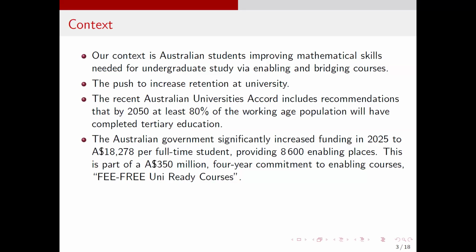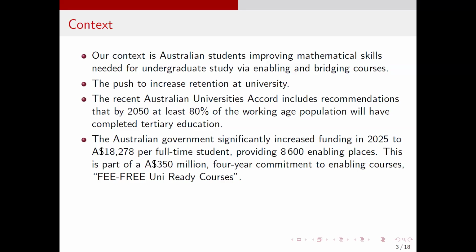And they put money behind this from the university side by significantly increasing funding in 2025 to $18,278 per full-time student, which provides 8,600 enabling places, fully funded for students to prepare for university study. It's part of a $350 million four-year commitment to enabling courses called the Fee-Free Uni Ready. So some of you Australians might have heard of Fee-Free Uni Ready. If you haven't, you've missed $350 million. So that's a big push.